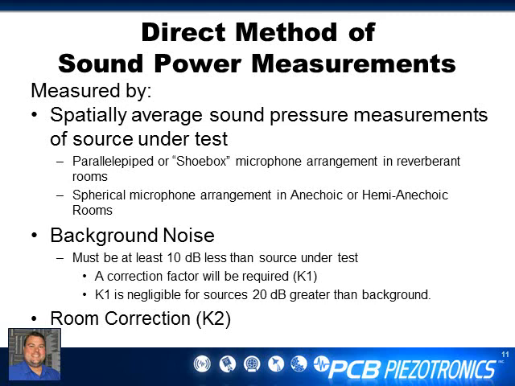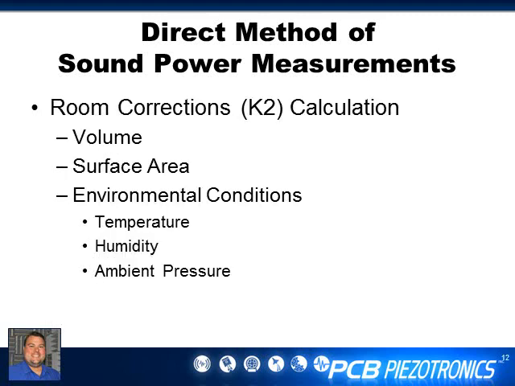So there's one more correction factor, the K2 correction factor. And this takes into account the volume of the room, the surface area of the room, and the environmental conditions. So these are those numbers that are hidden either in the C of the equation from before, or the big log S0 times P0 divided by rho C in the other equation for the free field method.